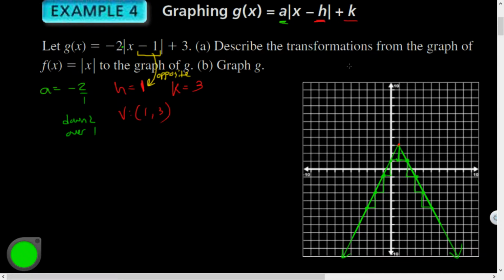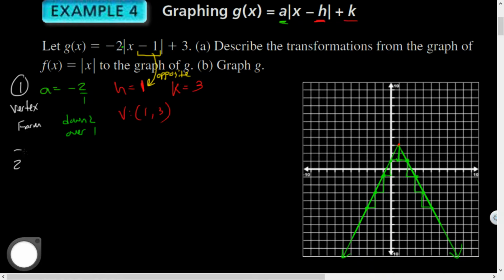Not that bad. Now it says describe the transformations from the graph of f of x equals abs x. So this first way that I just showed you was using vertex form.